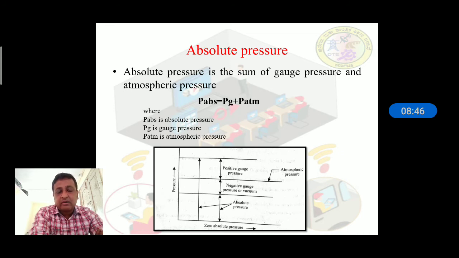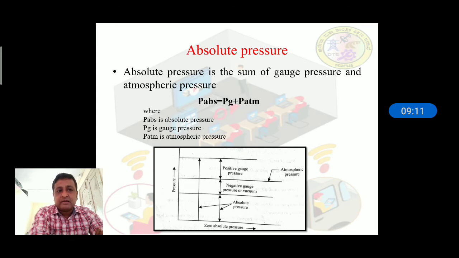Above that datum plane we consider a positive gauge pressure, and below it a negative gauge pressure. So when measuring gauge pressure, points above the datum plane give a positive gauge pressure, and points below it give a negative gauge pressure.